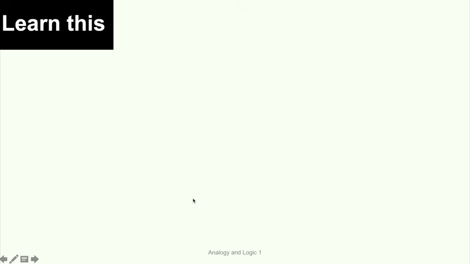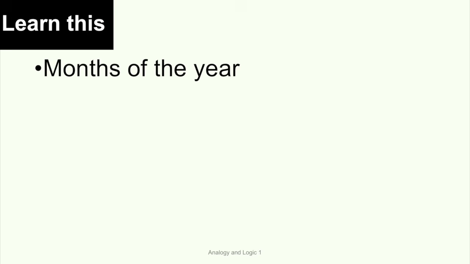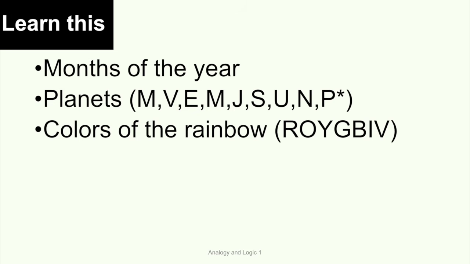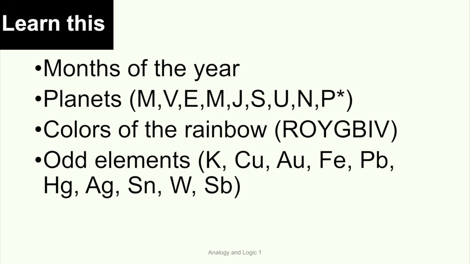Okay? So, ano ba yung mga things that would do you good to be more familiar with? Okay? Be familiar with the months of the year, planets, okay? Colors of the rainbow, and yung odd elements natin. Ito yung mga odd elements, kaya ako sinasabing ito lang yung aralin ninyo kasi yung iba naman madaling hulaan, di ba? O is oxygen, N is nitrogen. Pero ito yung mga weird. Okay?